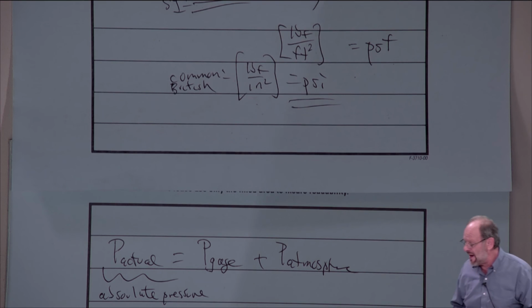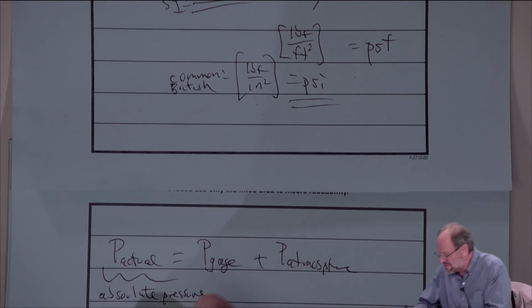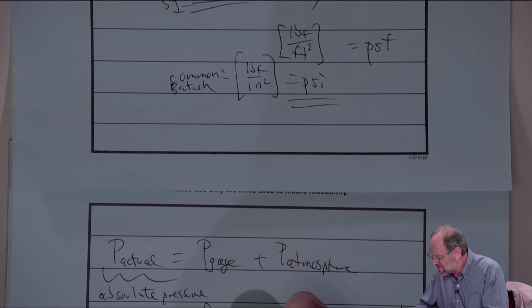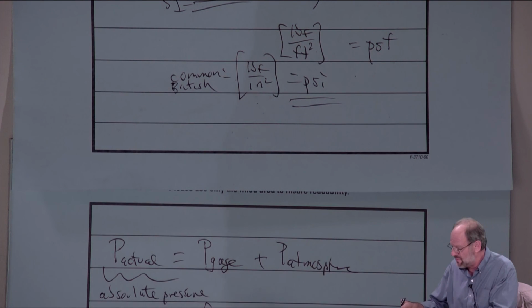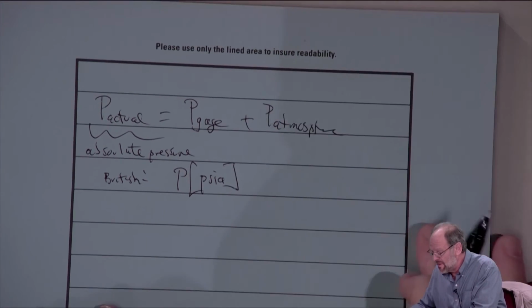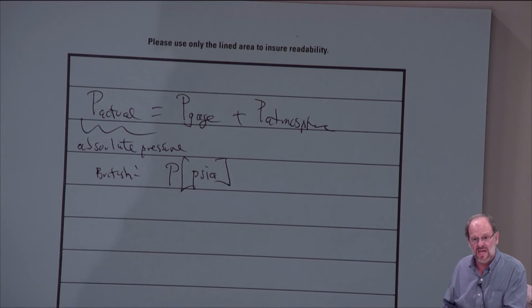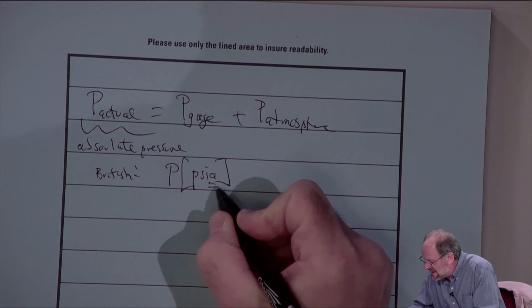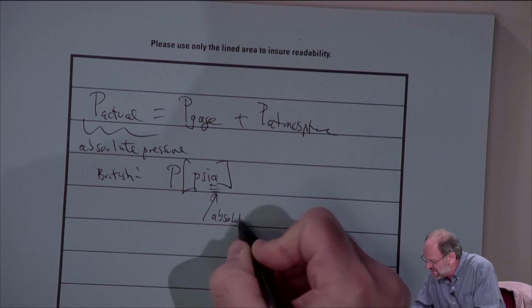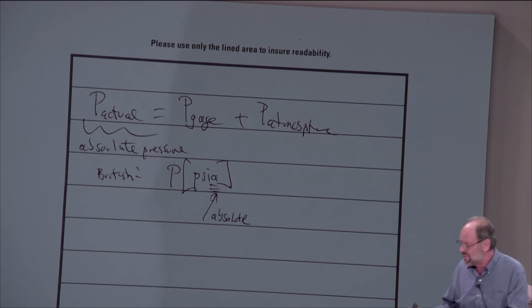Okay. Now, if we were in, let's say, the British units, we're going to have the pressure, and again, I'm going to use square brackets to represent the units here. So the pressure in PSIA, that is A standing for actual, really it stands for absolute, but think of that as the actual pressure.